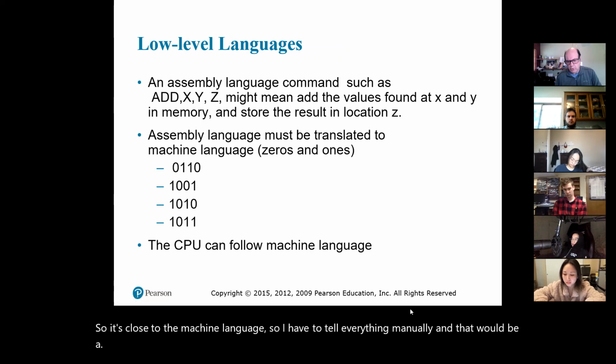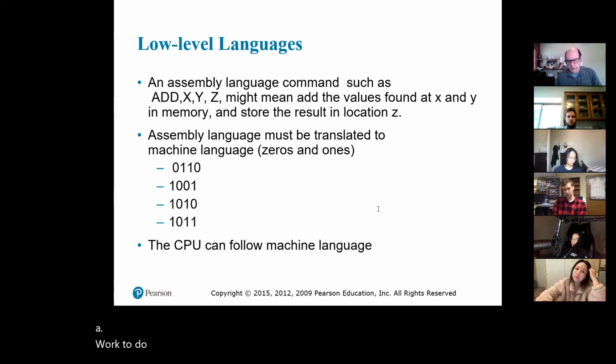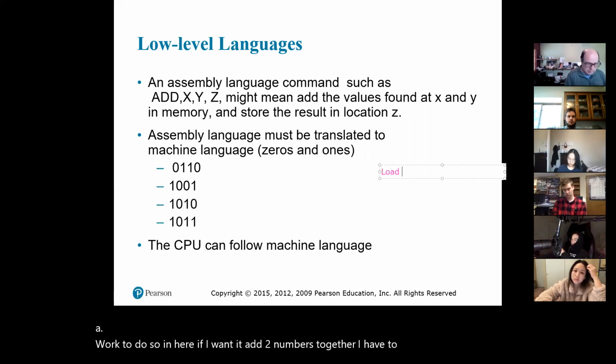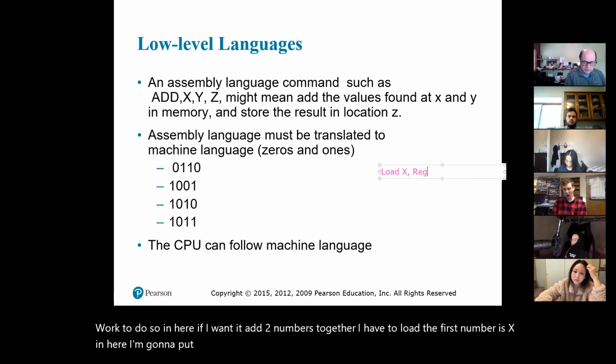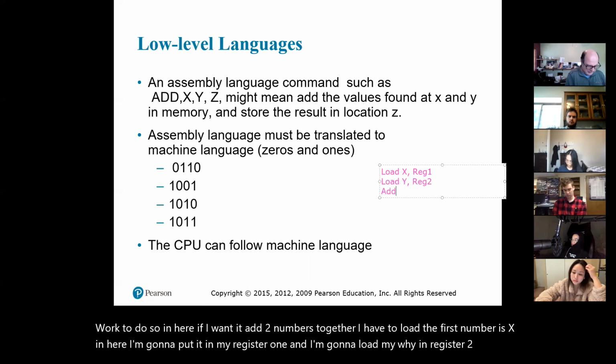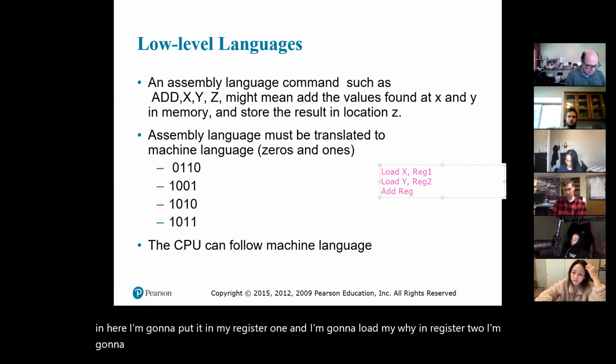So in here, if I want to add two numbers together, I have to load the first number, this X in here, and put it in my register 1, and I'm going to load my Y in register 2. I'm going to add register 1 to register 2 and put the result in a register.